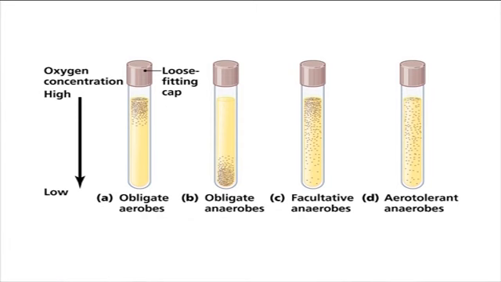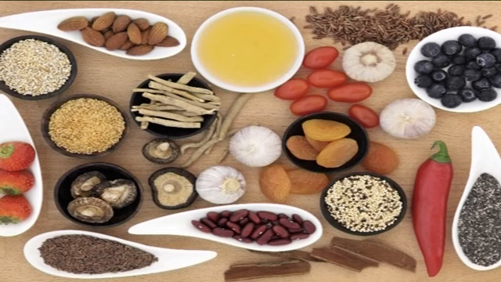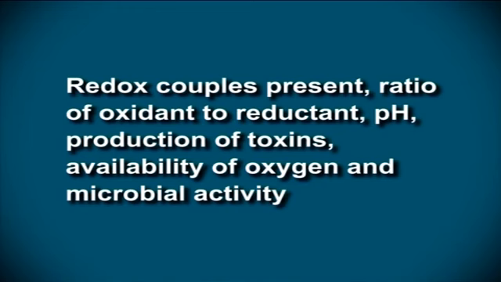Aerobic organisms require a positive EH value for growth, while anaerobic organisms require negative or reduced EH values. The redox potential in food is the result of several factors: redox couples present, ratio of the oxidant to reductant, pH, production of toxin, availability of oxygen, and microbial activity.